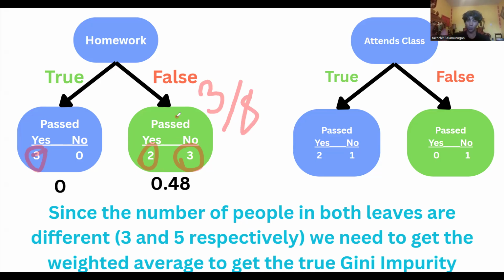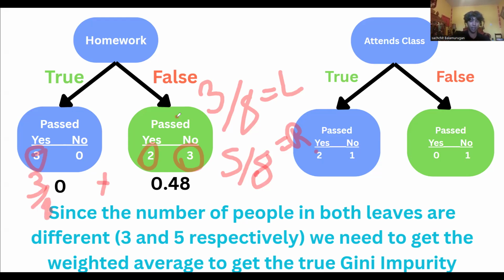So 3/8 is our weighted average. Now we do the weighted average for the right leaf, which is 5/8. Now we do 3/8 times 0 plus 5/8 times 0.48, and then you get your answer.